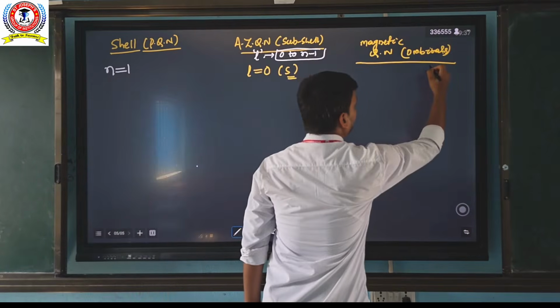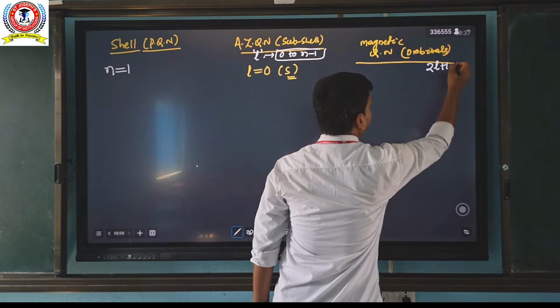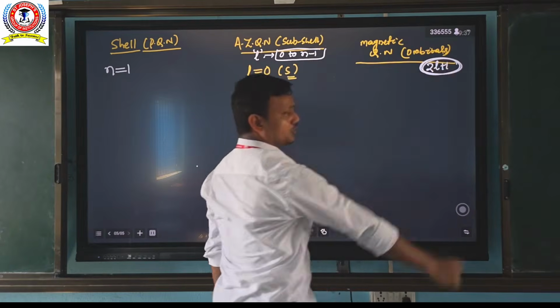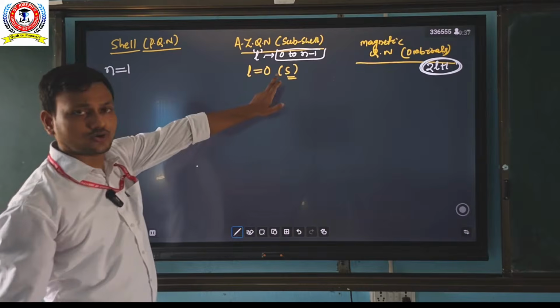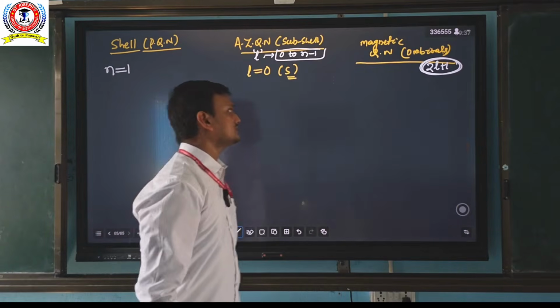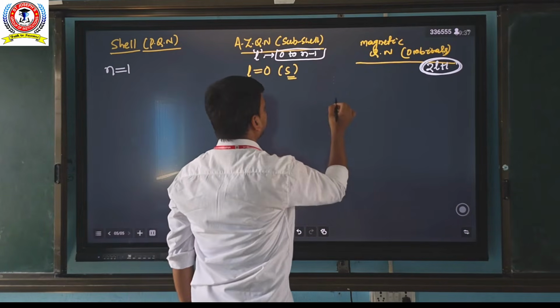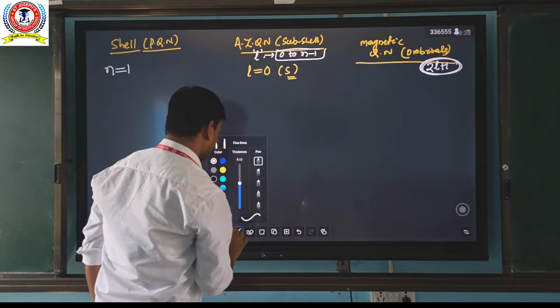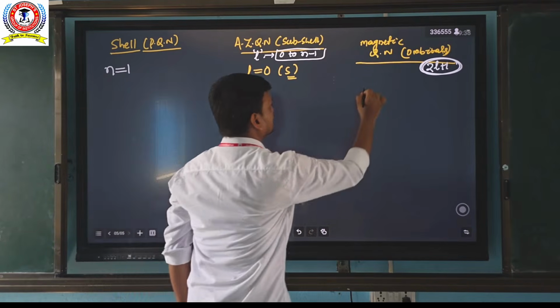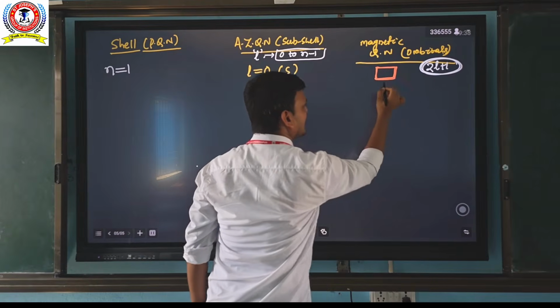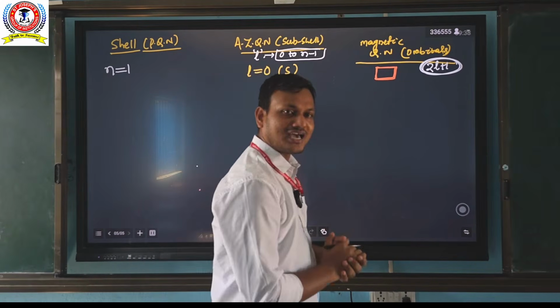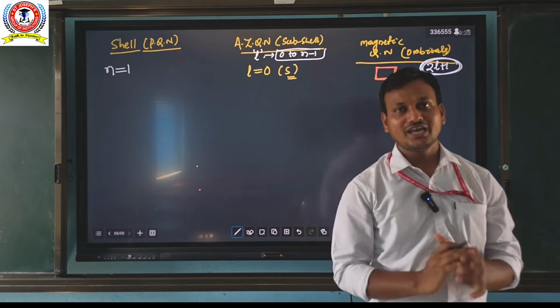The number of orbitals present in a subshell is given by 2L plus 1. If I put L is equal to 0 in this formula, the result comes out as 1. That means the s subshell has 1 orbital. And we know that for an orbital we use a box.